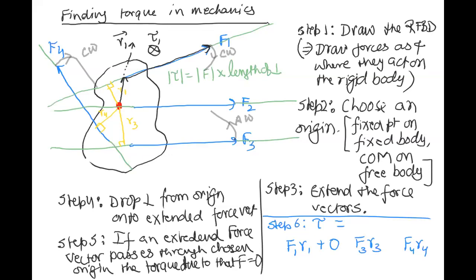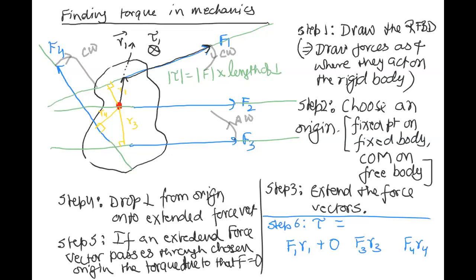Once you've done this, now you can choose whether you want to take clockwise as positive or anti-clockwise as positive. If you choose clockwise as positive, then obviously anti-clockwise becomes negative. If you choose clockwise as negative, then anti-clockwise becomes positive. However, keep in mind that irrespective of your choice of plus or minus, the actual torque arrow for a clockwise torque is into the plane.